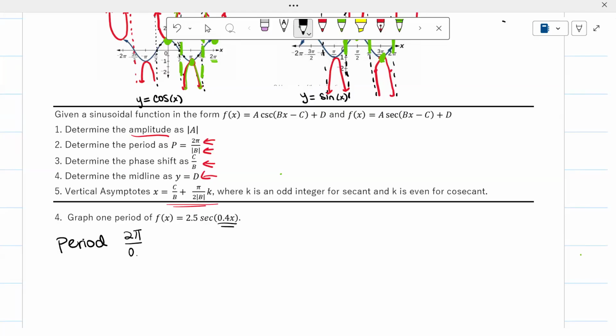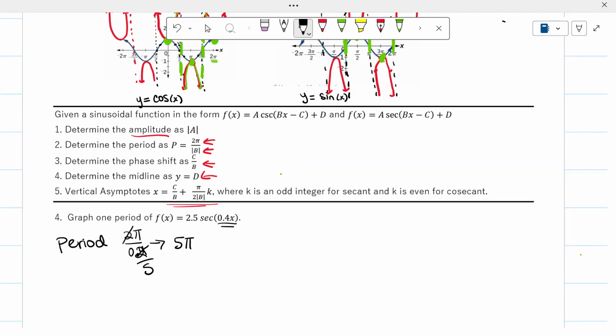I don't like mixing decimals with irrational numbers, so 0.4 is really 4/10, or 2/5. If I change this to 2/5, then we get 5 pi. That's really large. All right, so 5 pi.